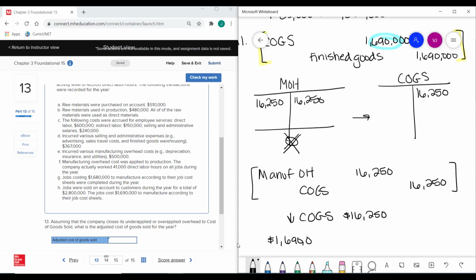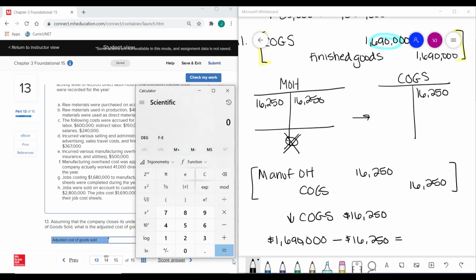But after this entry to adjust for that over-applied overhead, we're going to subtract $16,250 from that amount, right? Because it's a little bit too much. Okay, so we're just adjusting for that overestimation. So 1.69 million minus 16,250 gives us an adjusted cost of goods sold of $1,673,750.